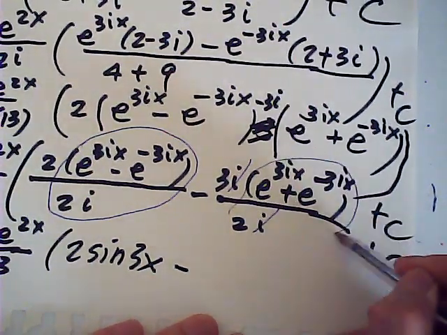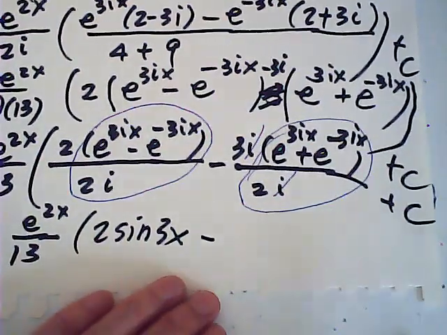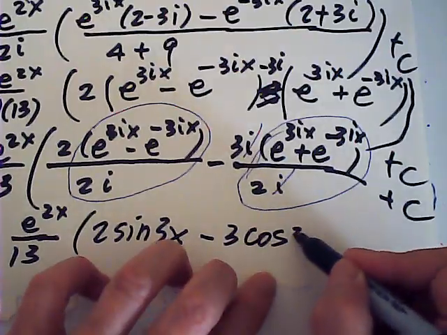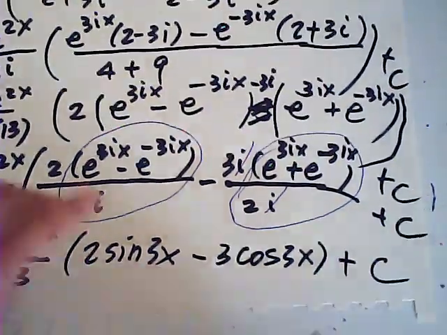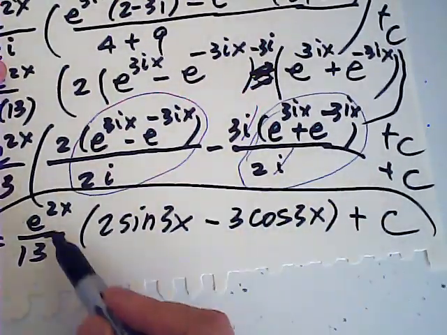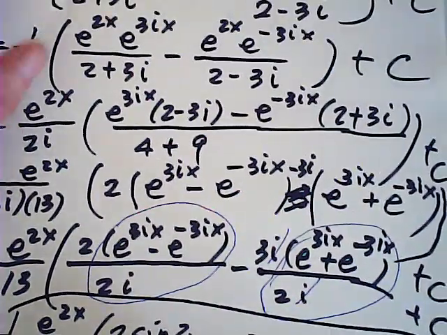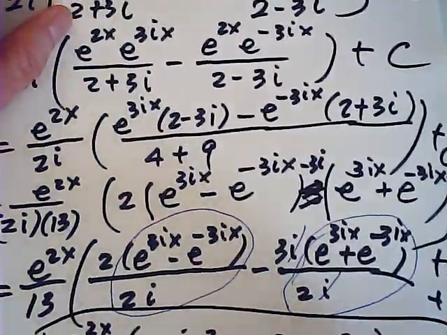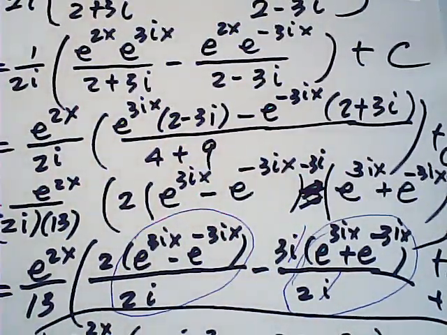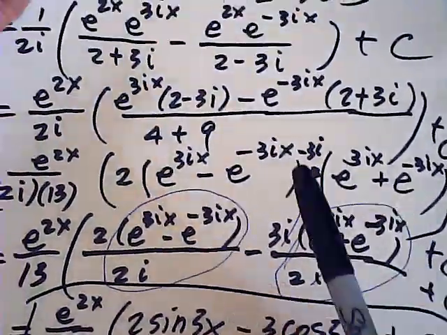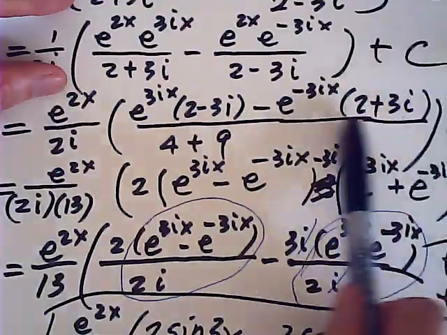This would be cosine. Therefore, minus 3 cosine 3x. So that is the result. Yeah, it's a little confusing, but it's correct.